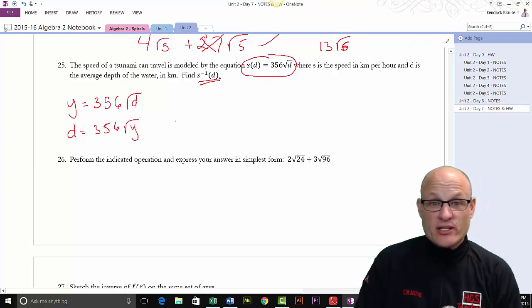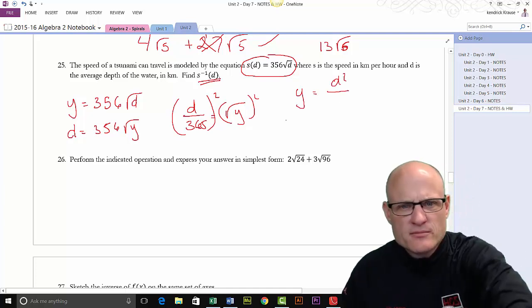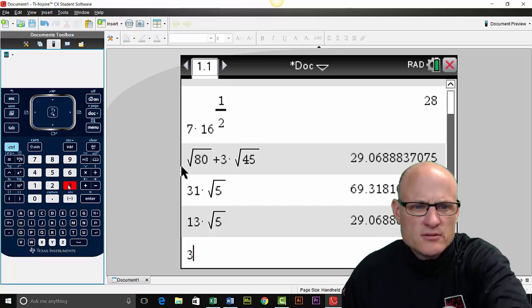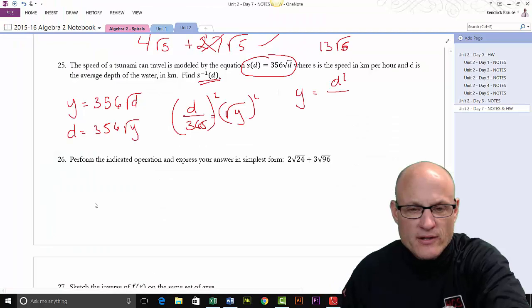Isolate the weird thing, so you get D over 356 is equal to the square root of y, and square both sides. So I get y equals D squared over 133,225.